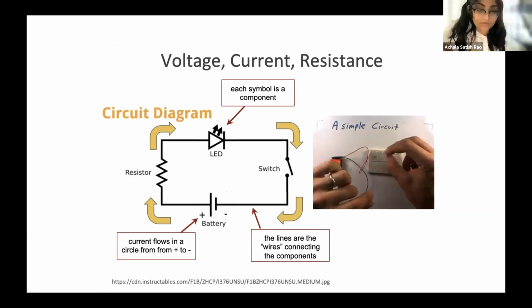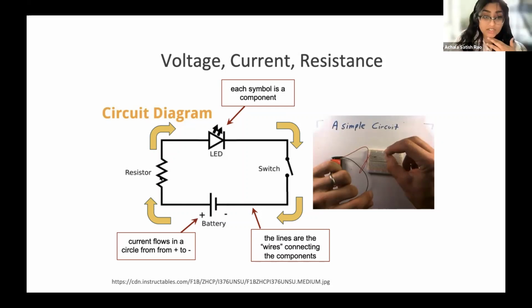So a quick recap for everybody on circuits, right? The basic things we want to know about are voltage, current, and resistance. So first, in any circuit, we're going to have a power source, generally a battery or your Arduino that's going to be powering it, and current flows from positive to negative. So in this analogy, right, we've got current flowing, it's going against stream, it's going to the resistor, and then it's feeding current to the LED.